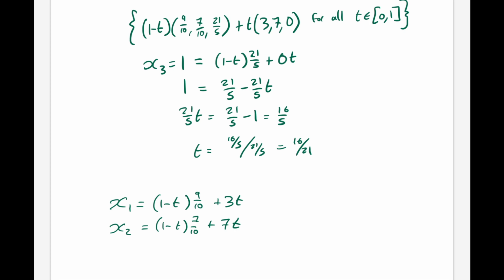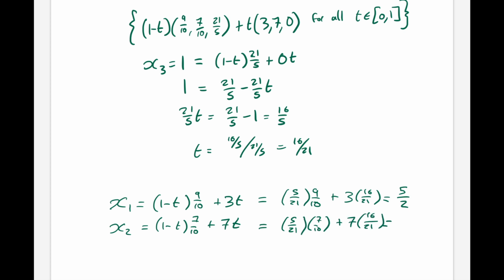And when t is equal to 16 over 21, these would correspond to x1 is 5 over 2, x2 is 11 over 2, and of course we know that x3 is fixed at 1.